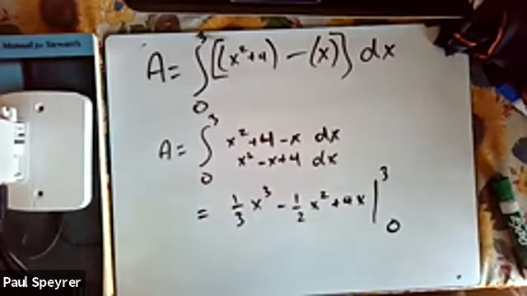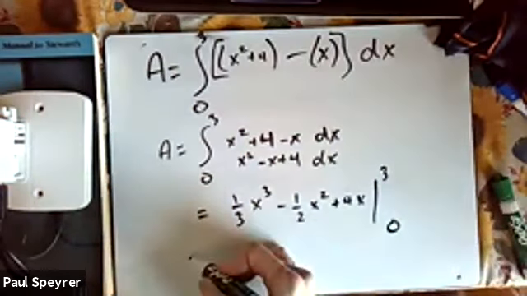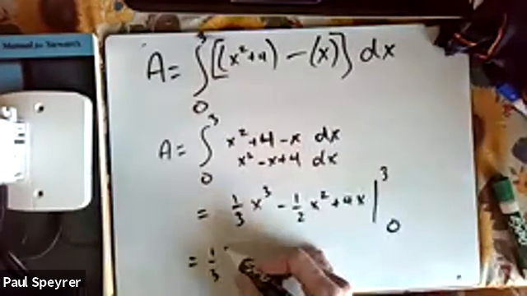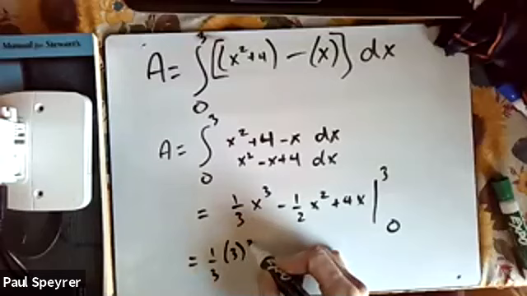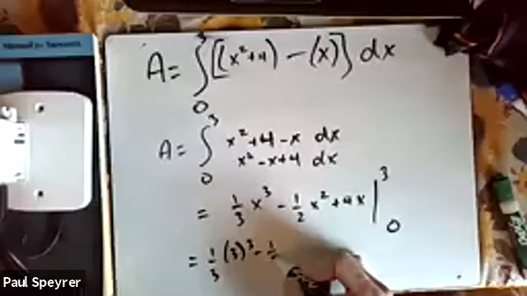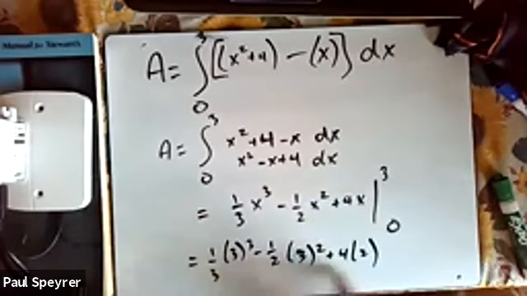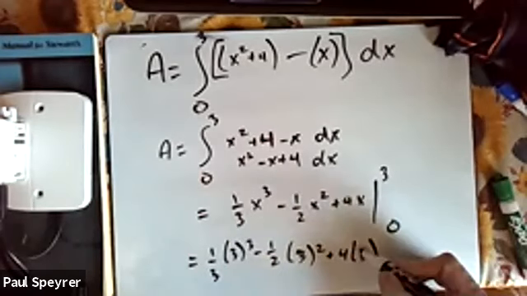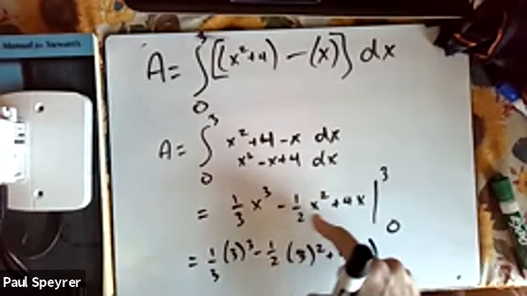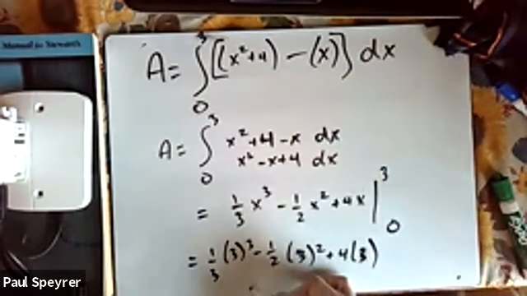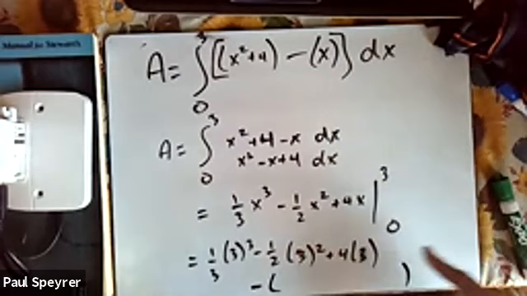Then pretty straightforward. Just go ahead and take your time with the arithmetic. Remember, it's the upper limit minus the bottom limit. So remember, we're plugging 3 in to all these x's for the upper limit, and then we're subtracting the entire bottom limit.